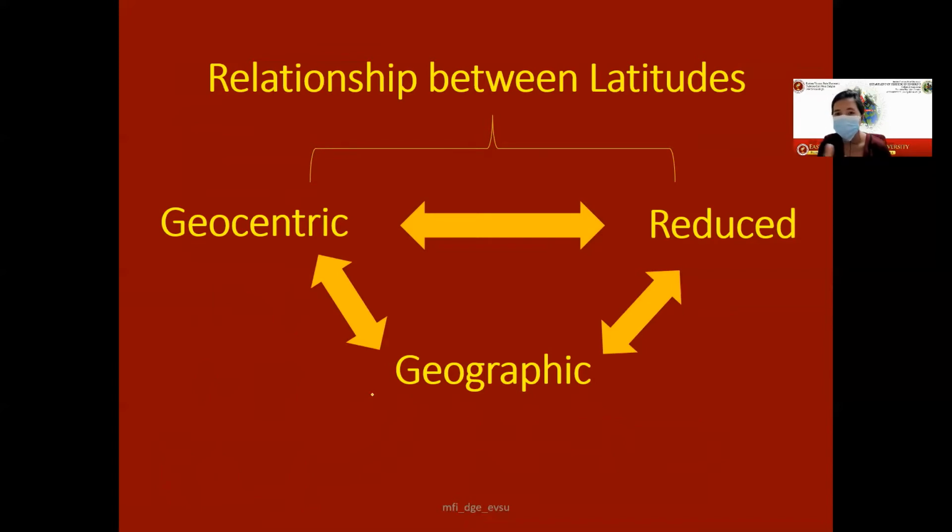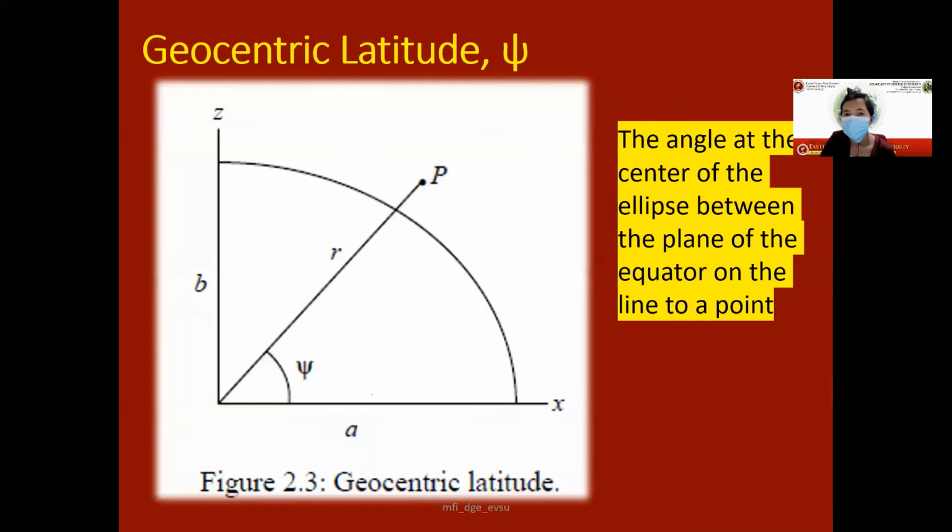The formula for each latitude is complex, but we can reduce that into a simpler one if we already know the relationship between the three latitudes. So let's start with the geocentric, then geographic, and then the reduced one. So let's start with the geocentric.